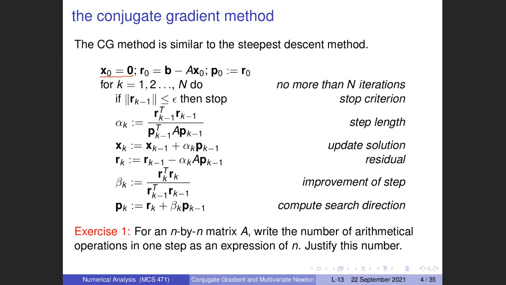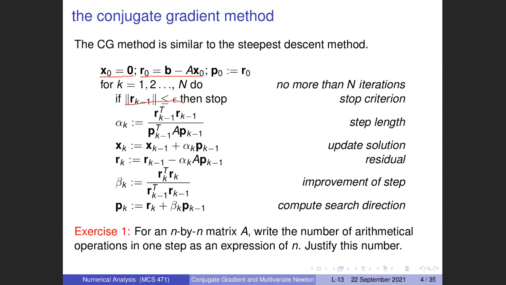We start out here with 0. This is the generic starting point, but in many practical applications, we already know a good start for our solution, and we will compute the residual. If the norm of the residual is smaller than our epsilon, we stop already. So the first stop criterion is taking the norm of the residual.